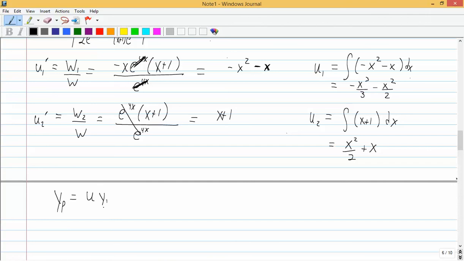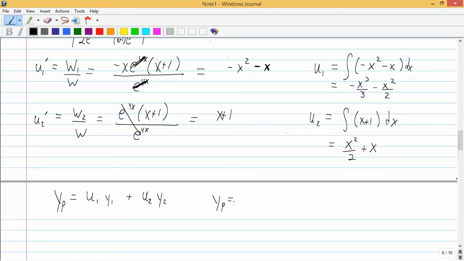It was similar to that. Well, what we're going to do is write it as u sub 1 times y sub 1 of x plus u sub 2 times y sub 2 of x. So we found u sub 1 and u sub 2.